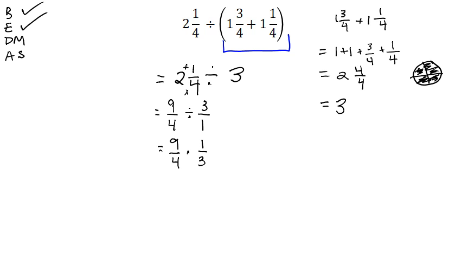So I take the reciprocal of 3 over 1, which is 1/3. 9 times 1 is 9, and 4 times 3 is 12. So I'm left with 9/12, which can be simplified if I divide both the numerator and the denominator by 3. 9 divided by 3 gives me 3, and 12 divided by 3 gives me 4. So my answer at the end is 3/4.